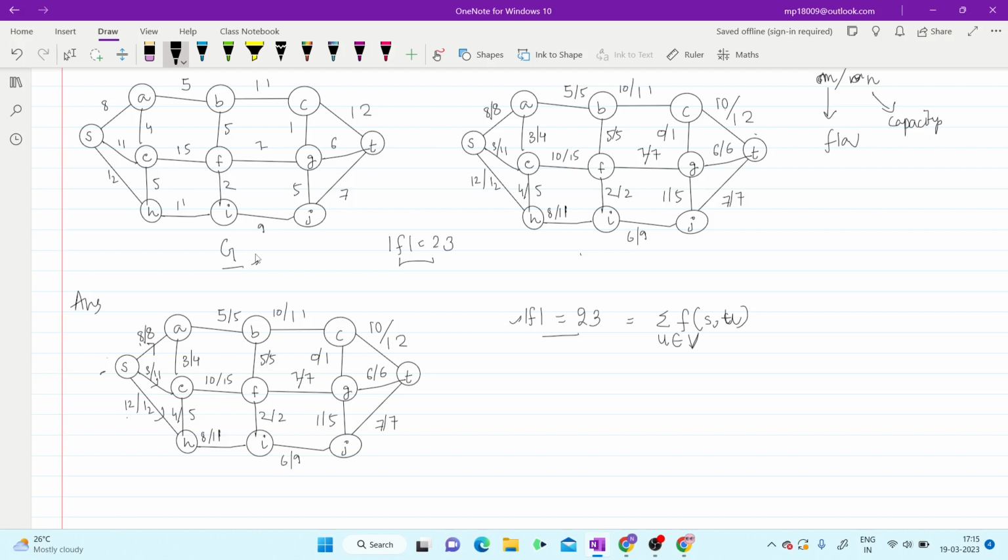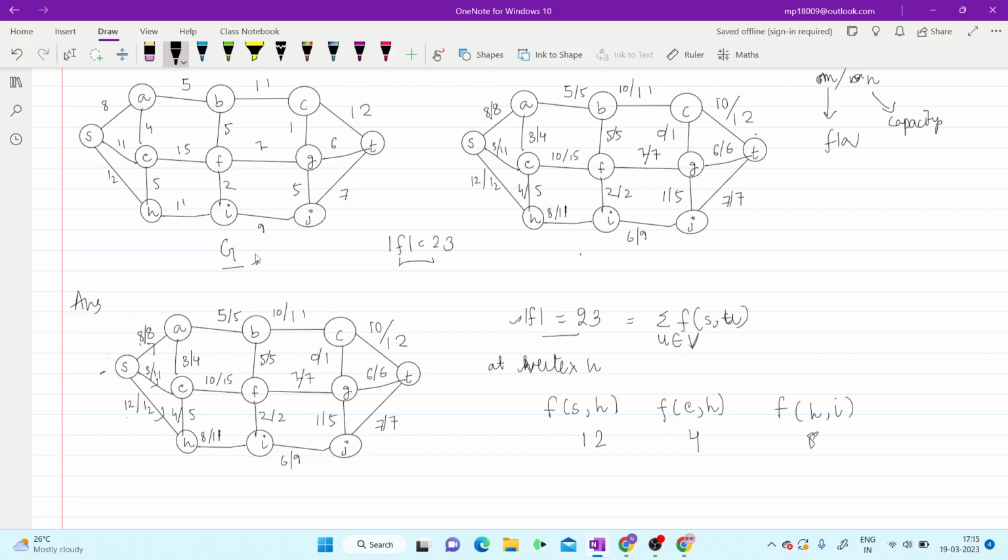Now I want to check the conservation law at vertex H. There are three edges, FSH, FEH, and FHI. SH has flow value 12, EH has flow value 4, and HI has flow value 8.